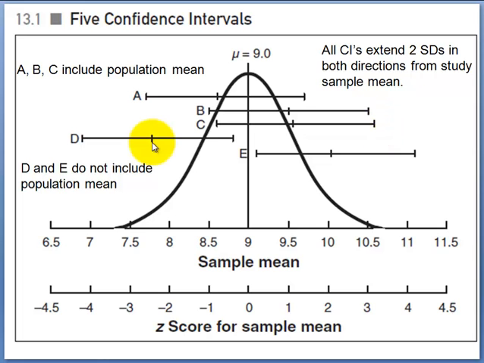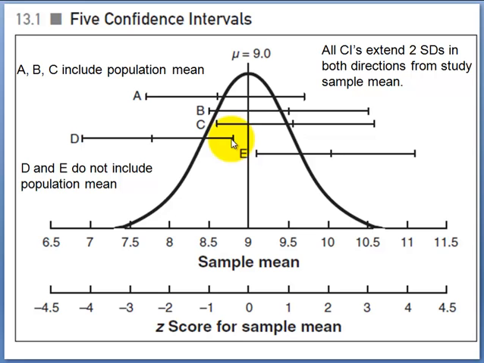D is an example of a confidence interval that does not include the population mean. The unknown population mean, because in real-world research you don't know the population mean, is 9, and the range defined by this interval goes from about 6.8 to 8.8.